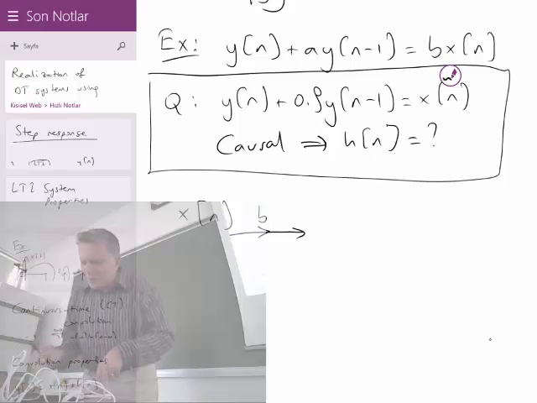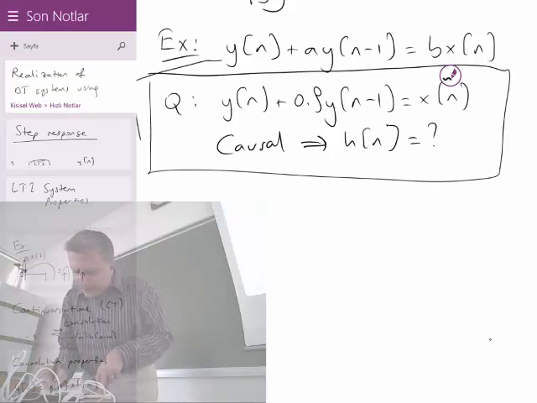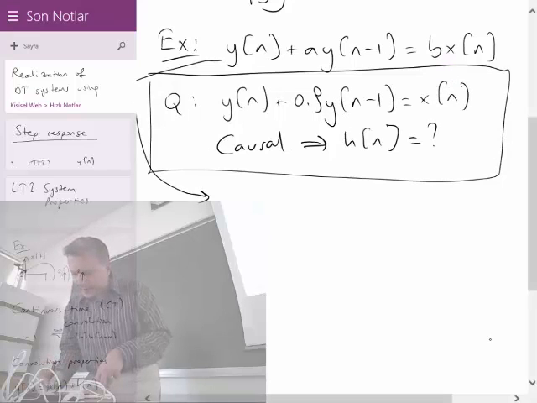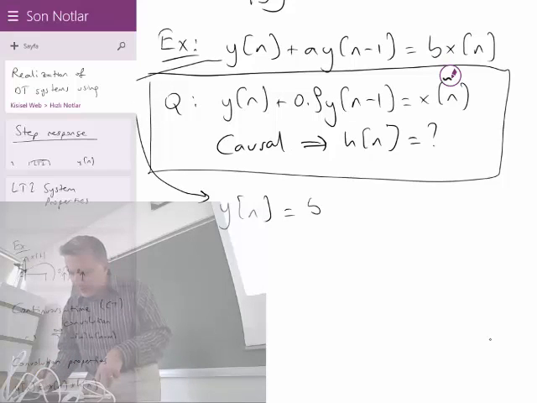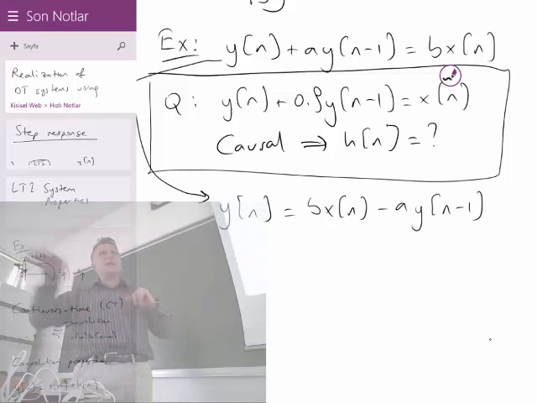Excuse me, I want to copy this to here, like this. y of n is equal to b times x of n minus a times y of n minus 1. I want to isolate a single y of n. That will be the output.